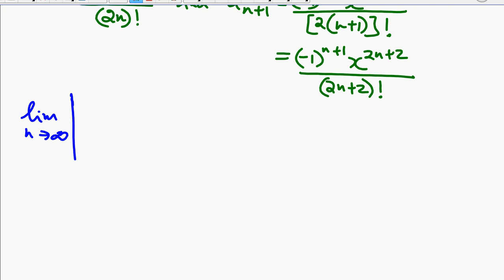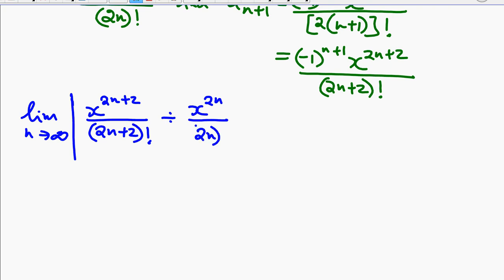So x^(2n+2) over (2n+2) factorial divided by what we have for S sub n, which is x^(2n) over (2n) factorial.